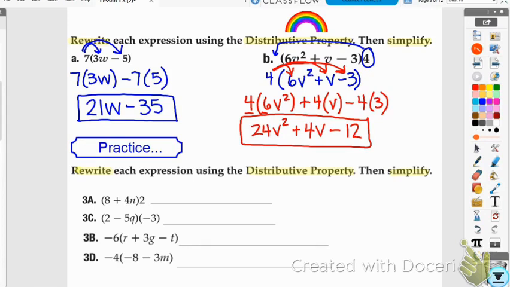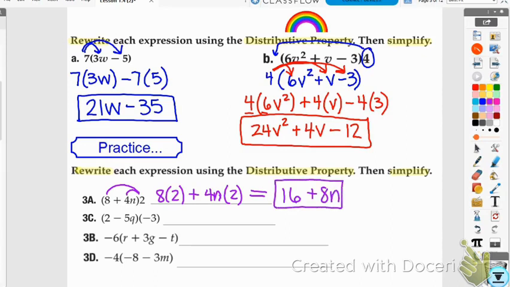So let's just go through these bottom 4 examples quickly. So 8 times 2 plus 4n times 2. And if I simplify that, that equals 16 plus 8n. And that's your answer. Next problem, you're distributing a negative 3 to both terms inside.